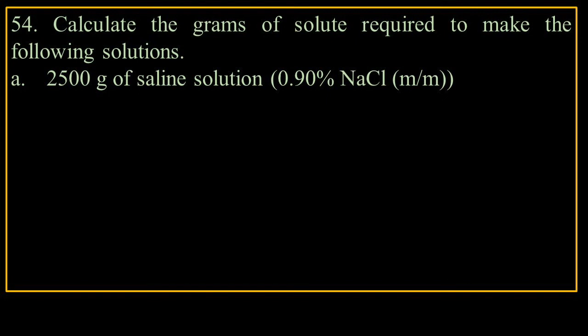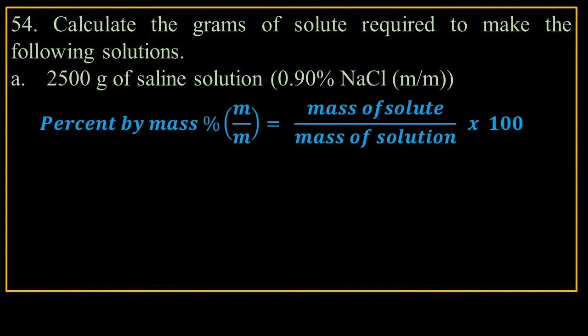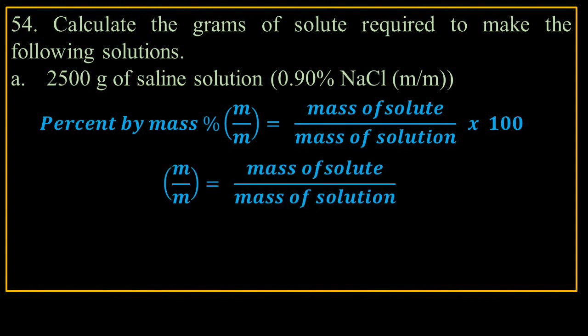Calculate the grams of solute required to make the following solutions: 2,500 grams of saline solution, 0.9% sodium chloride by mass. Calculate the grams of solute. Well, it would be the percent solution by mass, the mass of solute over mass of solution times 100.